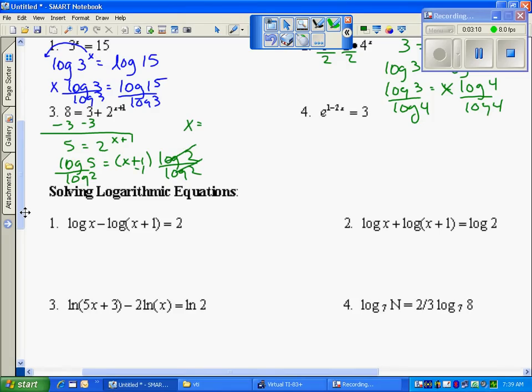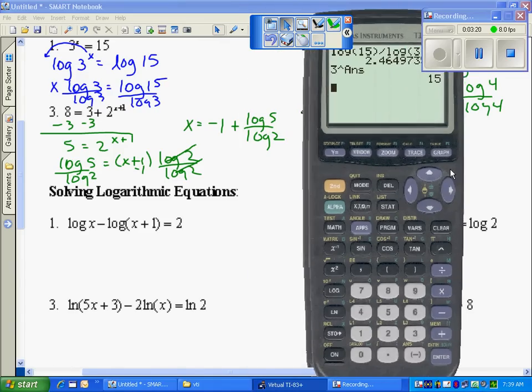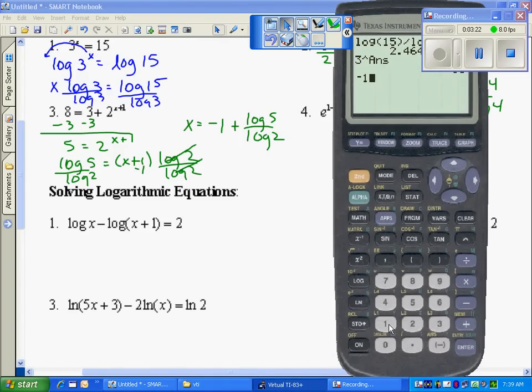Negative 1 plus log of 5 over log of 2. So plugging that into my calculator, I get negative 1 plus log of 5 divided by log of 2, and that would be my answer.